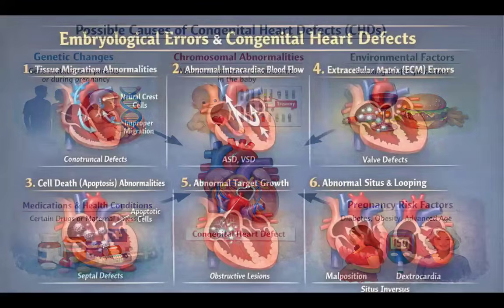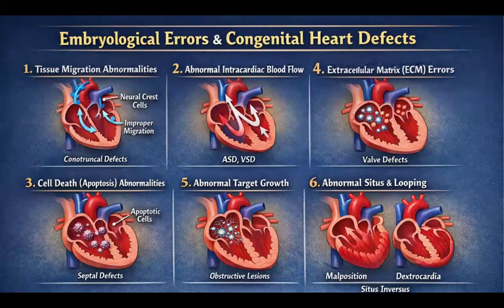Now, there are different steps in heart formation. What I listed here are six errors that could occur during the process of heart development, so we have one through six. The ones that we'll be discussing today are the first three: tissue migration errors, abnormal intracardiac blood flow errors, and also cell death errors.